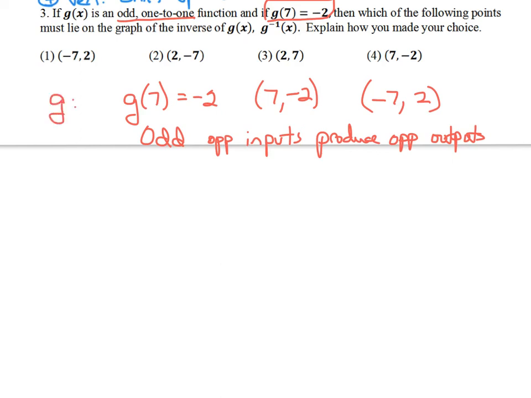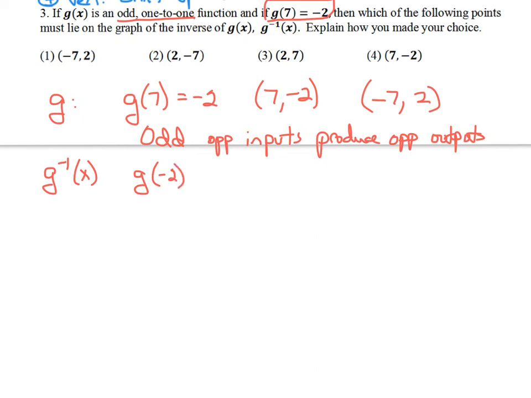So here's the information that I have about g. Now, since my function is 1-to-1, that means that I can take the inverse of it. So let's talk about what information I have about the inverse function. If g of 7 is equal to -2, the inverse means that I can take the output and convert it to input and vice versa.